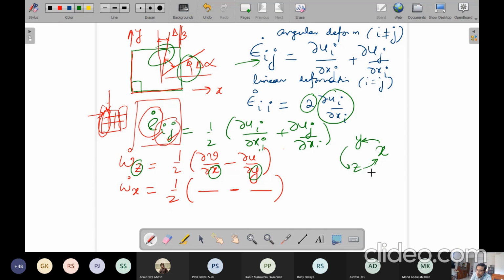That means physically, if you have a right-handed screw which you rotate from X to Y, so this is X and this is Y, that is anti-clockwise direction, the screw will axially move. The axial direction in which it will move is the Z direction, positive Z direction. So that is this one. Okay, so that is how these triads are formed.